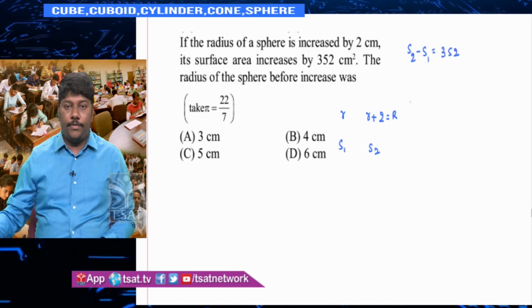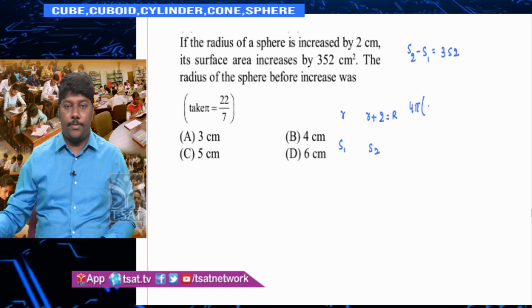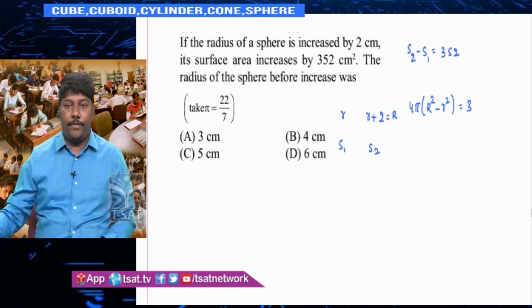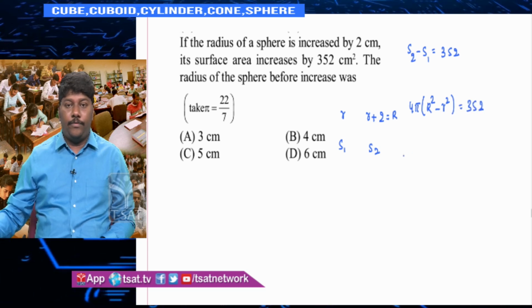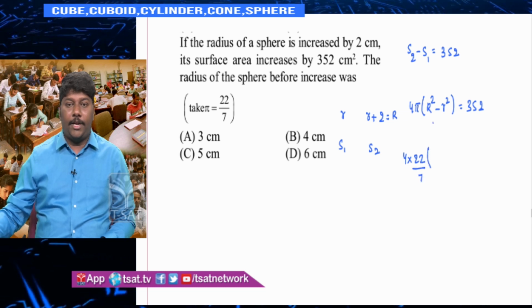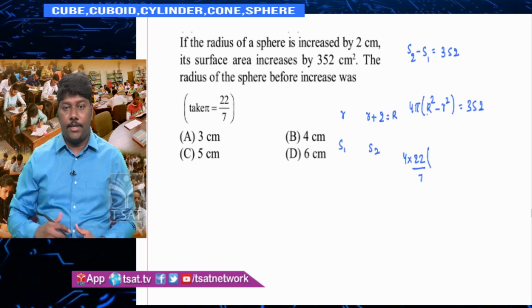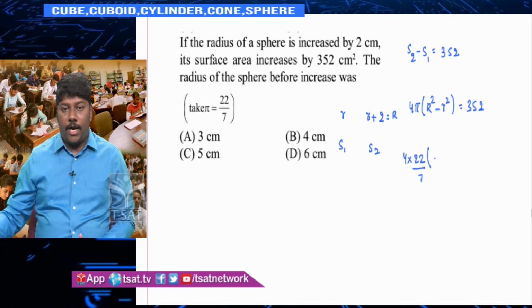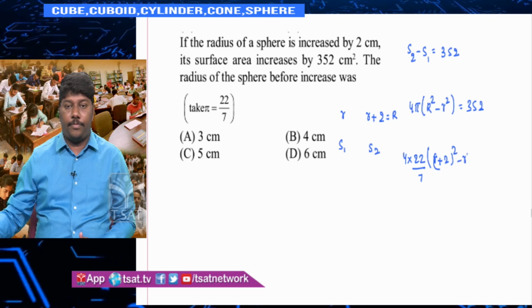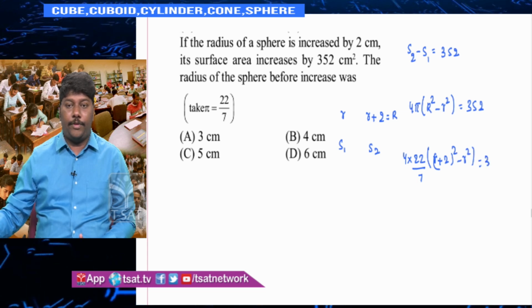So 4 pi capital R square minus small r square is equal to 352. 4 into 22 by 7. Capital R square minus small r square you can write as r plus 2 whole square minus r square is equal to 352.